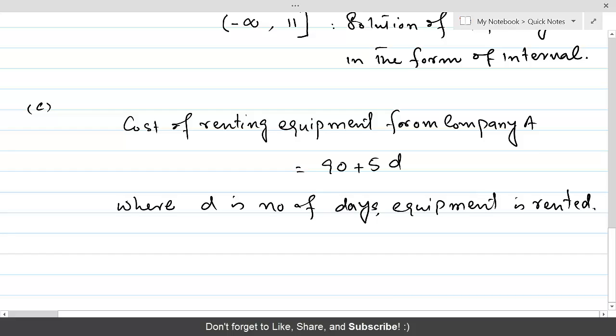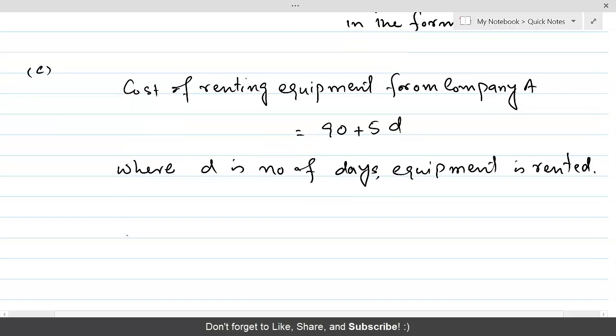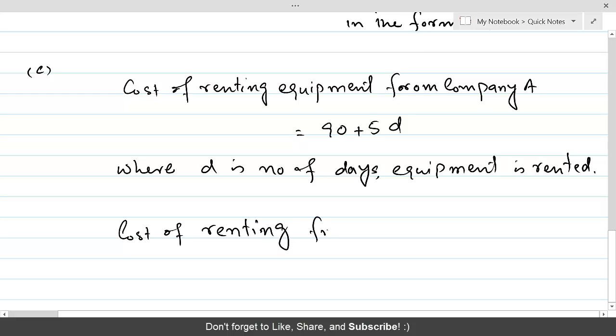All right, but if we rent the same equipment from company B, then what would be the cost of renting from company B?